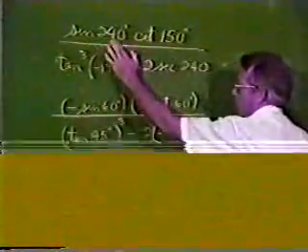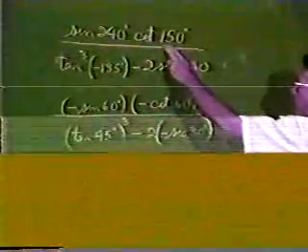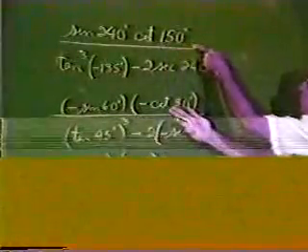That's in quadrant 3, that's negative. Cotangent of 150 is the cotangent of 30. I'm sorry, this should be 30. The cotangent of 30, and it's negative because this is quadrant 2. Cotangent is x over y. That's negative.